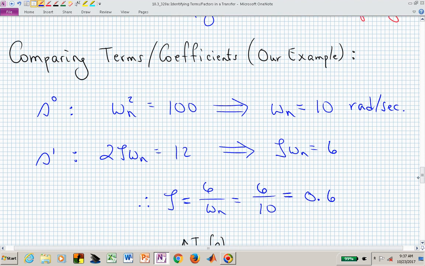If you look at what we have here, hopefully you're starting to see that this 6 was the magnitude of the real part of our complex poles, and omega sub n is actually the hypotenuse of this right triangle formed by the real part and the imaginary part.